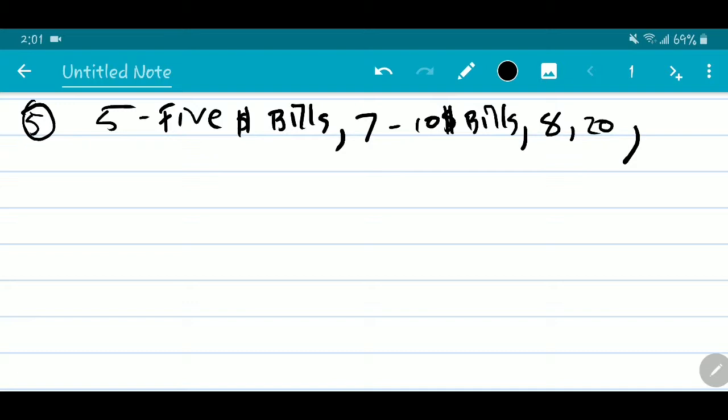And one bill is drawn, and we have to find the probability that it is a $20 bill.